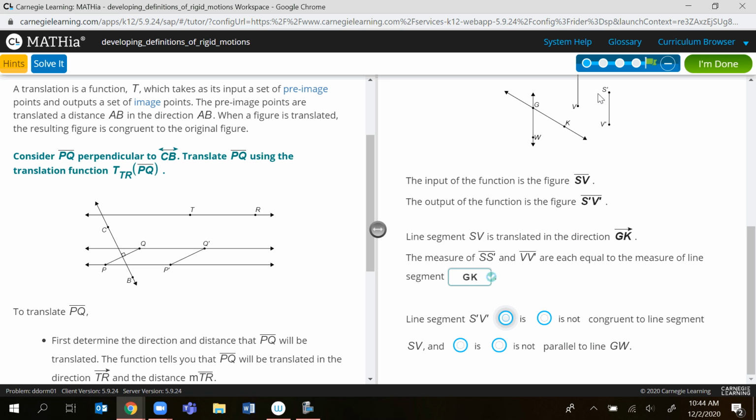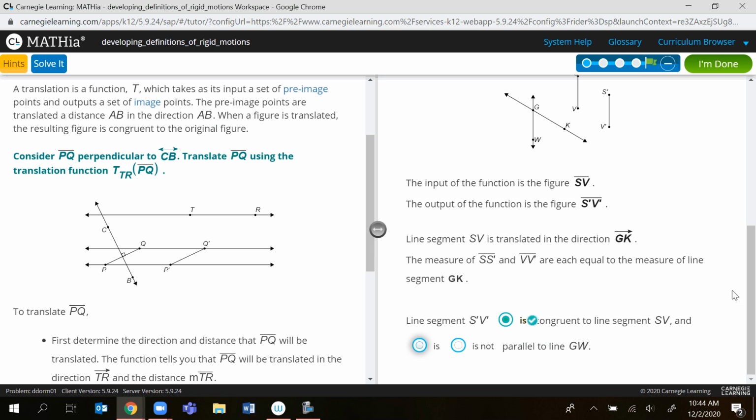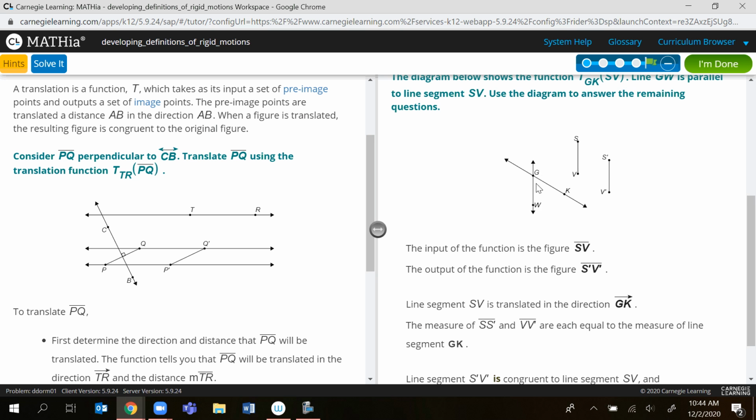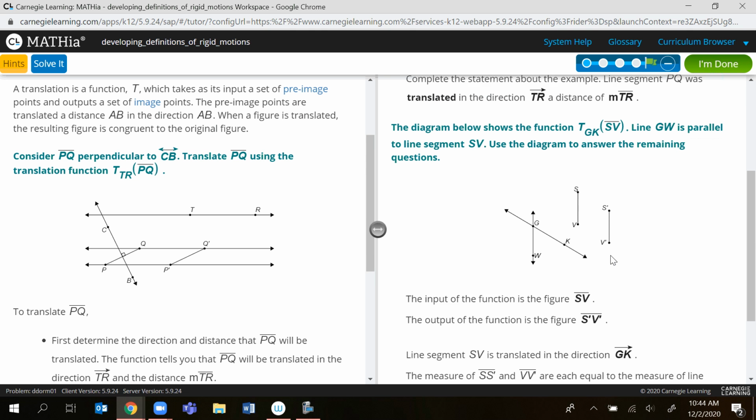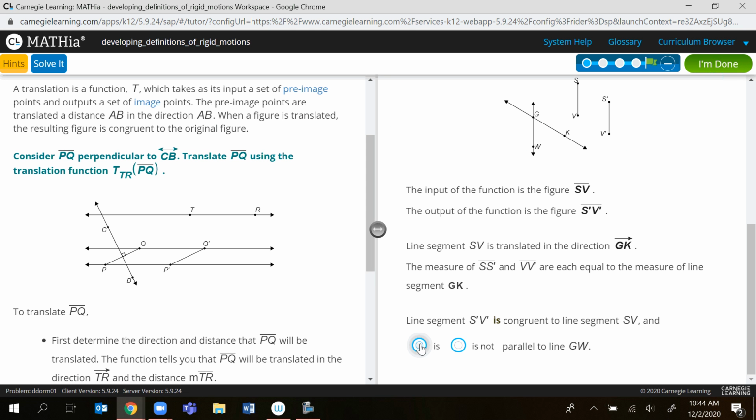Line segment S prime V prime is, or is not, congruent to the line segment SV. Since it's a translation and a rigid motion, we keep the same shape and size, so it is congruent. And is or is not parallel to GW. Remember we talked about GW being parallel to SV, and if S prime V prime is pretty much the same thing, but translated, it should also be parallel to GW.